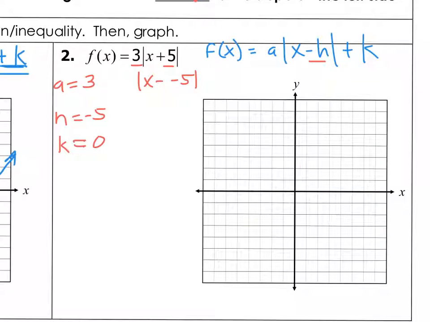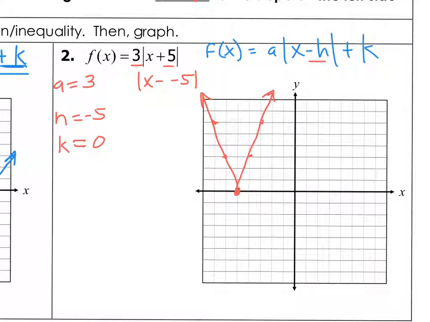So we end up with our vertex here, but now we have this vertical stretch. So that means that we're going to rise 3 and then run 1. Rise 3 and then run 1. And we'll do the same thing on the other side, rise 3 and then run 1, remembering too that we have a positive and a negative. And you'll notice now that we've stretched that graph up the y-axis.